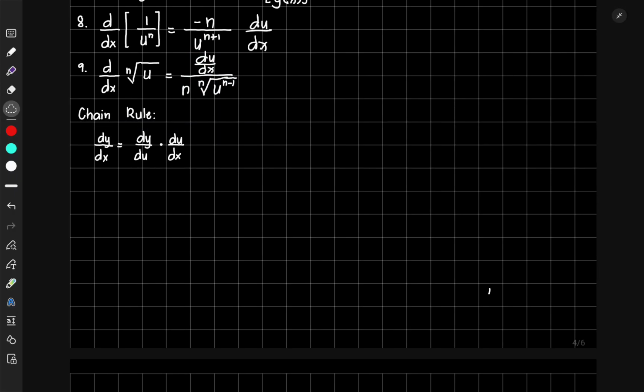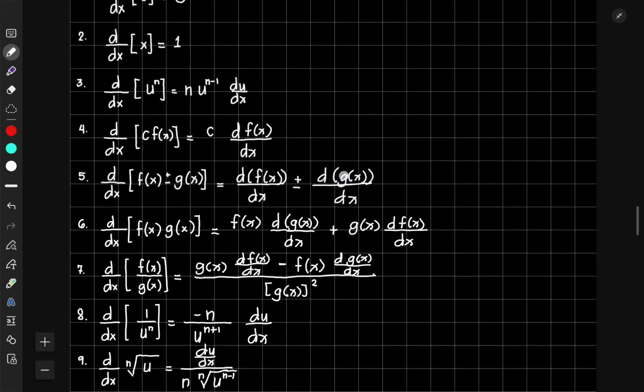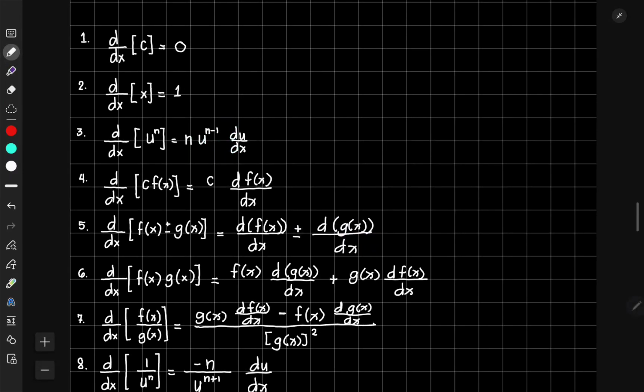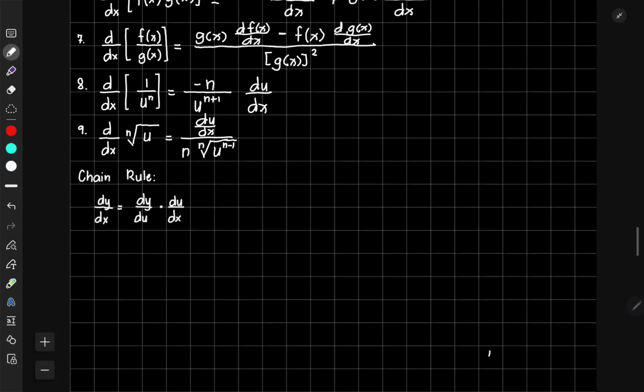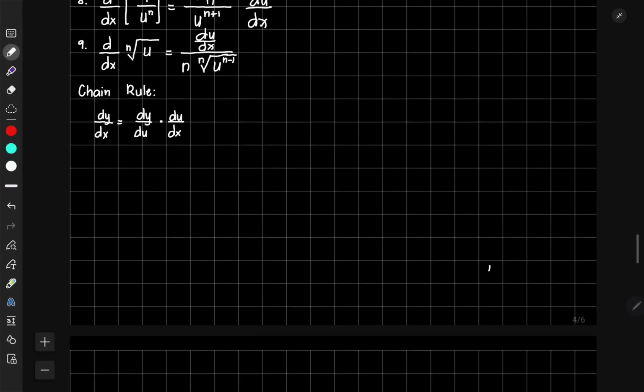Okay. So, meron din tayong chain rule, which nagamit na natin kanina, I think, nung nasa power rule pa lang tayo. So, we already used that one. Kung kukunin natin yung dy over dx, or the derivative of y with respect to x, that would be equal to dy over du times du over dx.